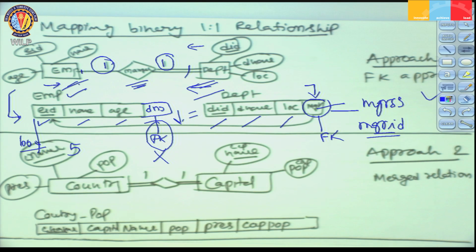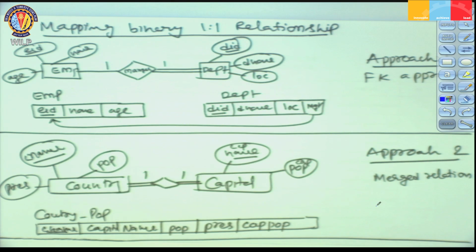Now let us have a look at the second approach, which is called the merged relation approach. The first approach, the foreign key approach, is useful when it is a one-to-one relationship and the participation of one of the entity types is total and the participation of the other one is partial.